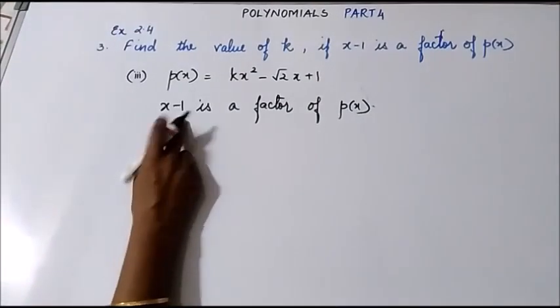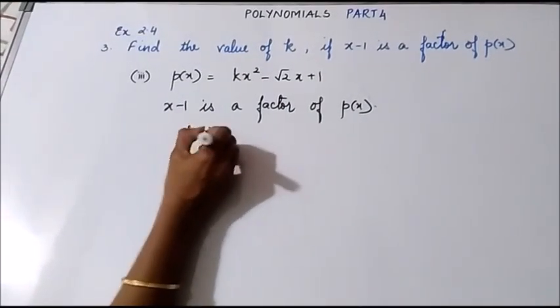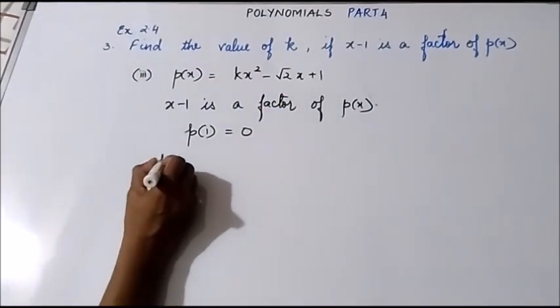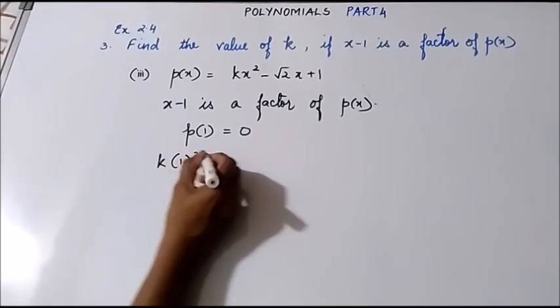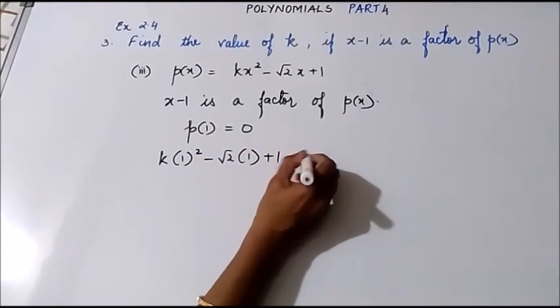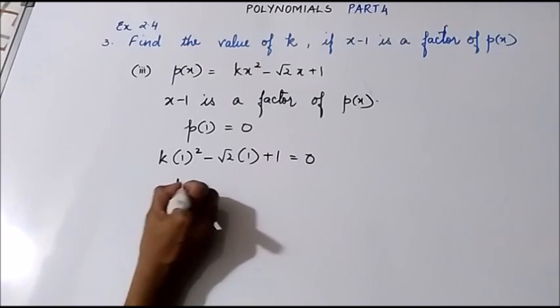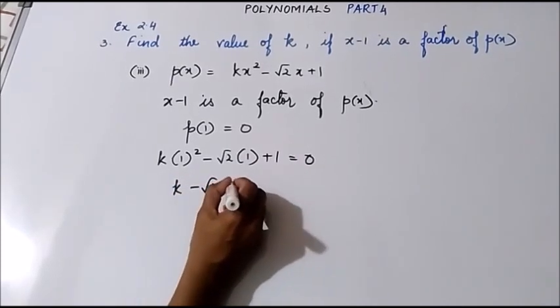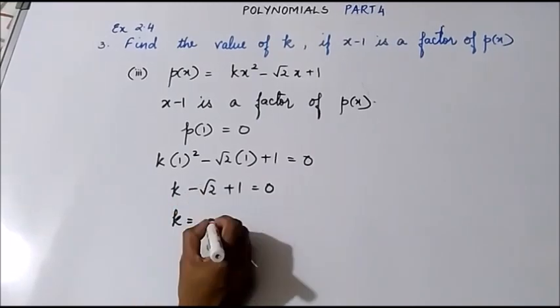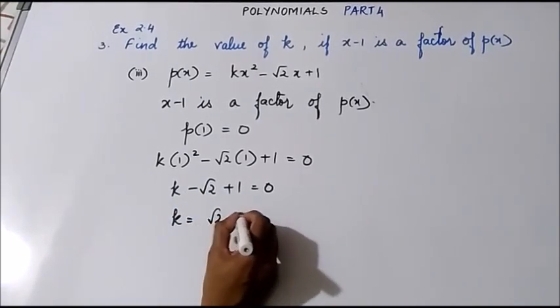If x minus 1 is a factor, then the remainder is equal to 0. Now by substituting we will get k into 1 the whole square minus root 2 into 1 plus 1 equal to 0. So we get k minus root 2 plus 1 equal to 0. K is equal to, minus will become plus and plus will become minus.